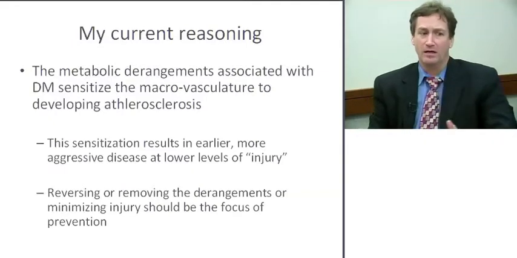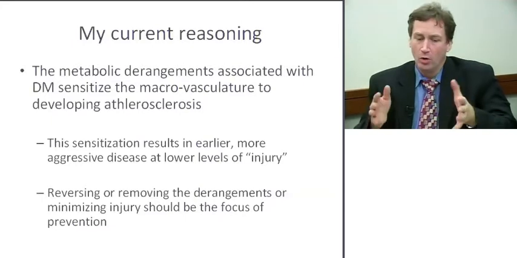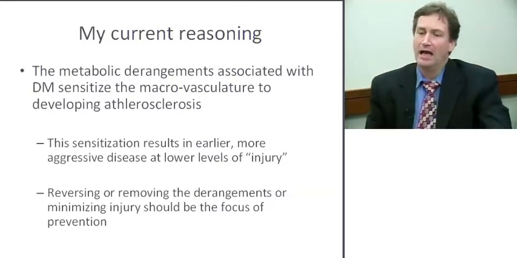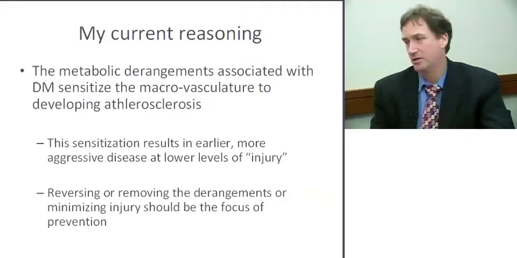The biggest thing, again, as I talk about this, is I like to think of diabetes as sensitizing people. Working on the numbers and working on the sensitization is key for prevention, okay? And realizing that if you're more sensitive, it means you need to take a more aggressive approach towards prevention.